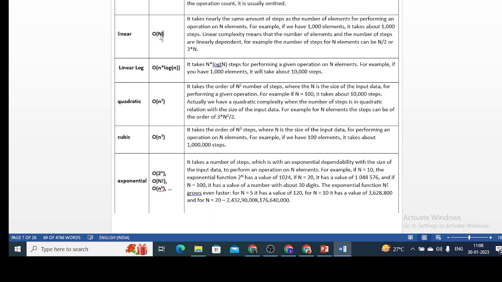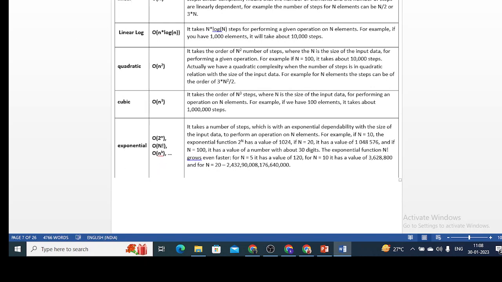Then next is order of n, when you are supposed to traverse all the elements. In that case you are going to say the complexity is order of n, and it is called linear. Okay, then next linear log.